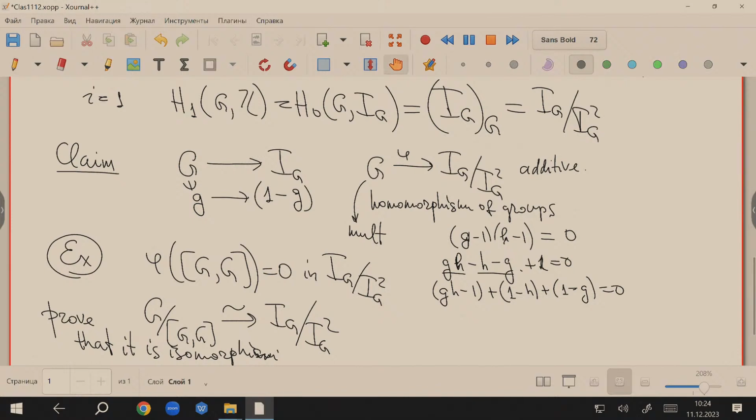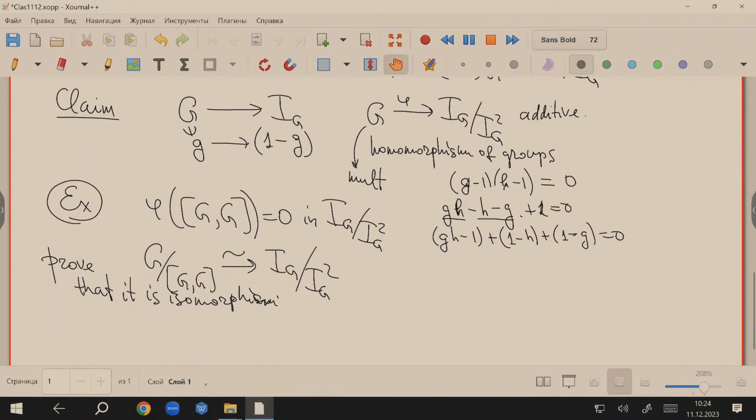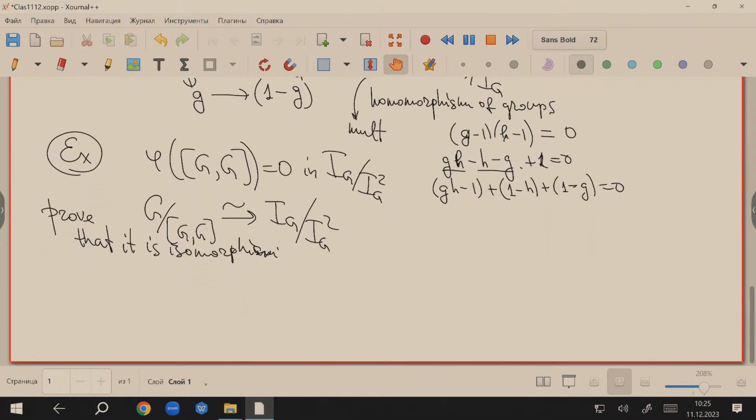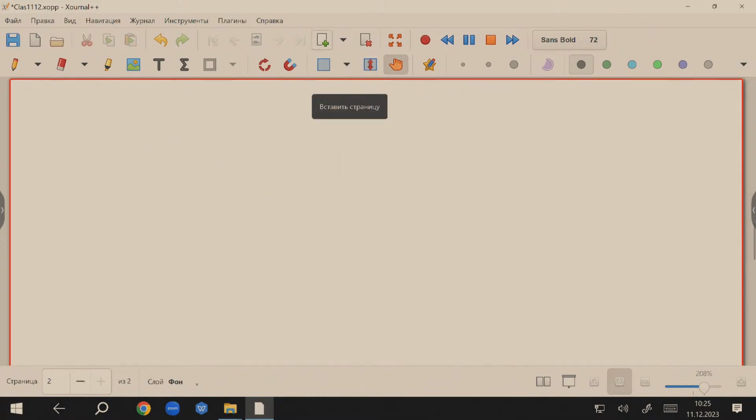So what you have to do is check the corresponding universal property, for example, for I_G modulo I_G squared. This is not too hard a problem and quite interesting. Also I want to make some remarks on chains.